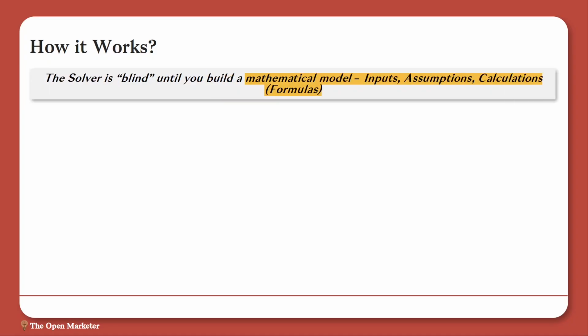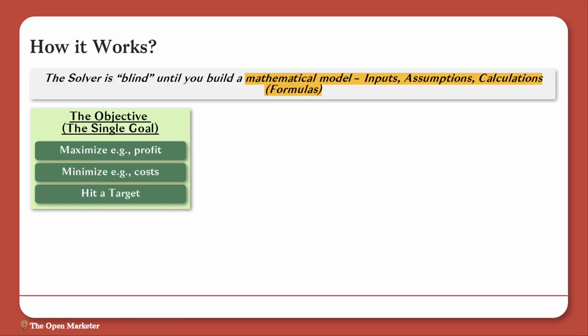First things first, the solver is not an AI and is basically blind until you provide it with a mathematical model to work on. You need to tell the solver everything that you know about the calculations you want it to follow to work correctly. Next, in the solver setting, you are providing three sets of inputs that we spoke about. Objectives, the single goal that you want the solver to achieve, so maximizing something like profit, minimizing costs, or even hitting a target.